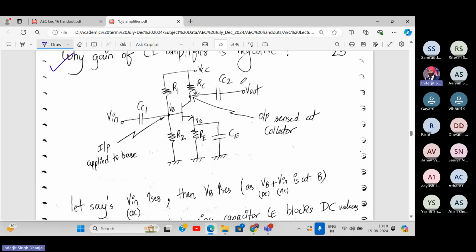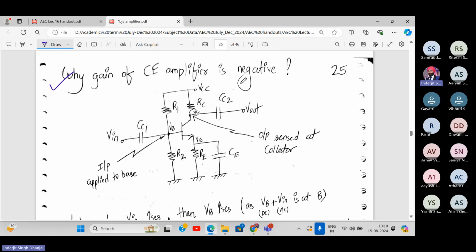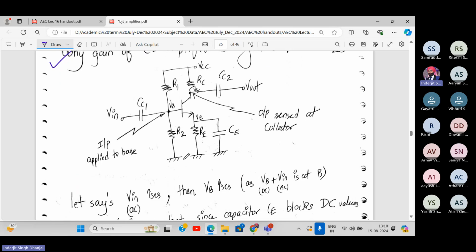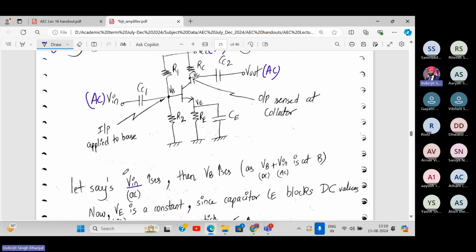Why is the gain of the amplifier negative? We have said what the meaning of the negative gain is, but why is it negative in the first place? So let's say that Vin increases. This Vin is AC, this Vout is also AC, this is DC. So if Vin AC value increases, then VB also increases because over here we have AC plus DC at VB.